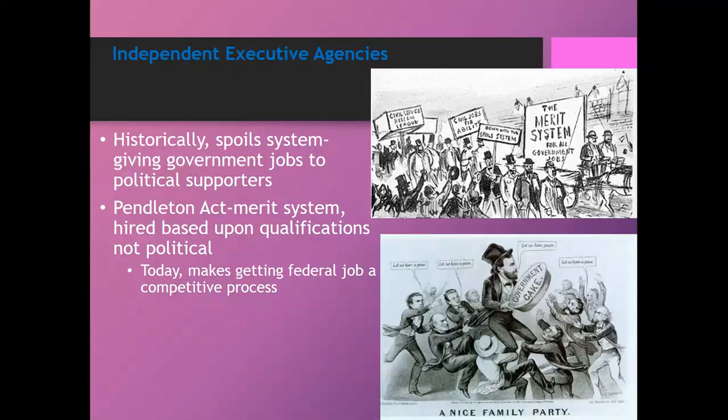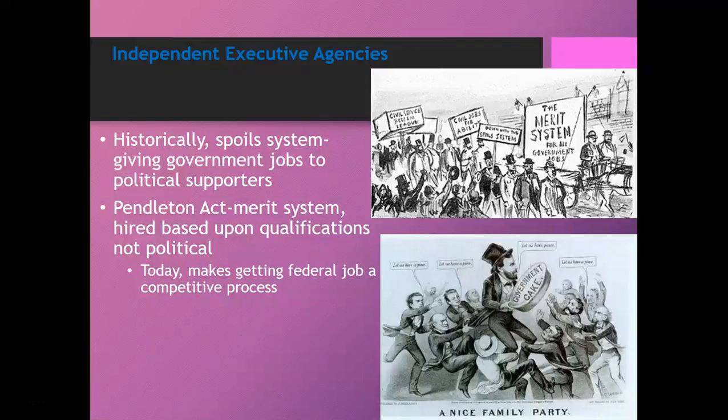But others felt it just led to more corruption and problems. Once a president died because someone didn't get his way, we had the passage of the Pendleton Service Act. It set up a merit system. You had to be hired based on qualifications, not political affiliation.